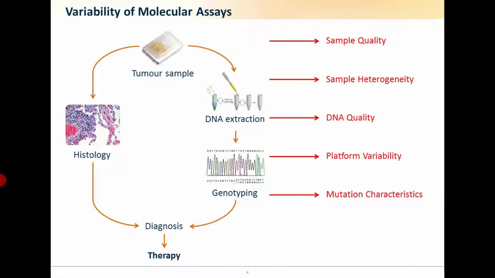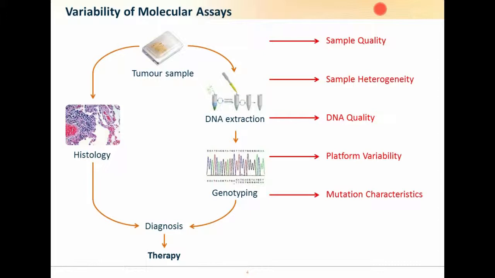So here's a simple schematic of where a tumor sample goes when it goes through histology for diagnosis and therapy, or some FFPE sections will go to the molecular pathology or molecular diagnostic lab, where the DNA will be extracted and then genotyped.